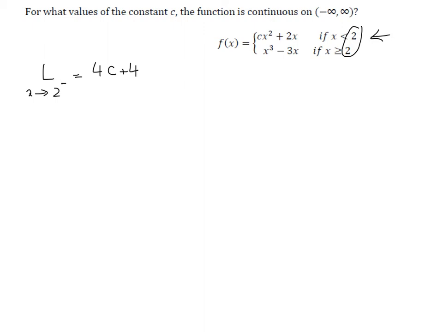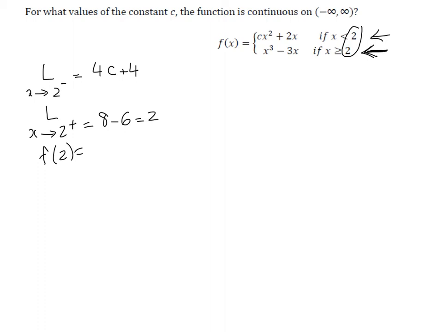The right limit when x goes to 2, I have to evaluate this function. This means 2 cubed, which is 8, minus 2 times 3, which is 6, which is going to give me 2. Also, the left and right limits have to be equal to the value of the function at 2, f of 2. For f of 2, we evaluate this function again.